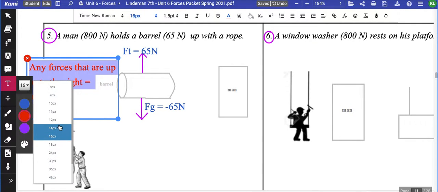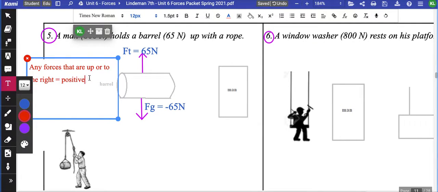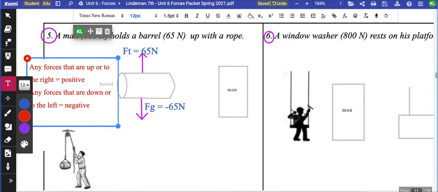Hold on a second. So any forces that are up or to the right are positive. Any forces that are down or to the left are negative. Okay, so we just want to remember that as we're going through this, because it's not just some random physics convention that keeps us deciding if something is negative or positive here, okay?